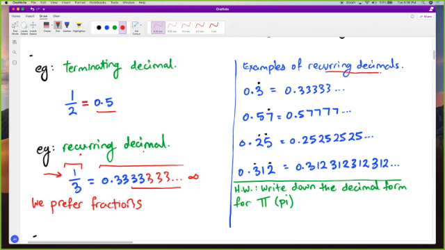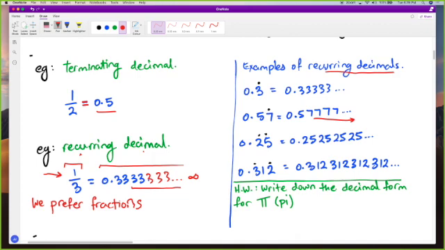Examples of recurring decimals. We often use this dot on the top of the number to show that a decimal is recurring. So 0.33333 could just be written as 0.3 with a dot on top, and the dot says recurring. Notice we have 0.57. The dot is on top of the 7, so the 7 is what is recurring.